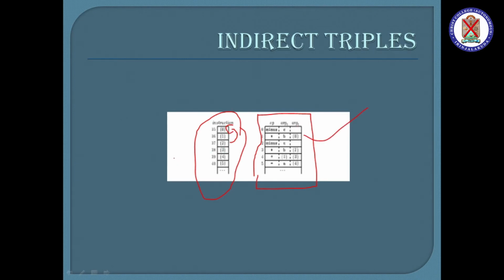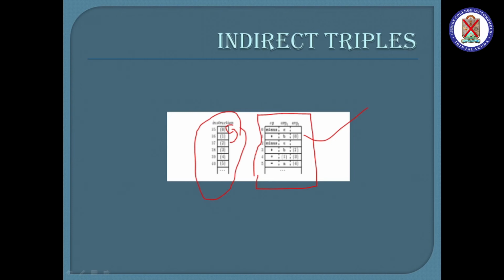So you can rearrange or reorder the data according to preference or most frequent use, like spatial locality or locality of reference in cache memory. The pointer here remains the same, so the user or compiler can retrieve the data very easily. That is what is meant by indirect triples.